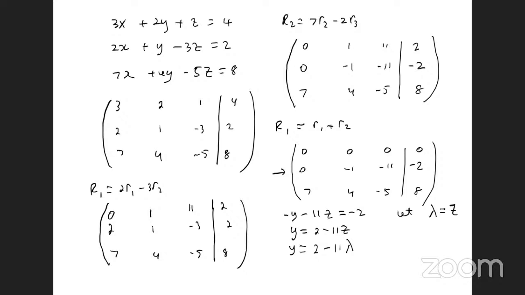So what does that mean? We know what y is and we know what z is. Wherever lambda is, just put lambda into y. In fact, let me not leave out anything. 7x plus 4y minus 5z is equal to 8.